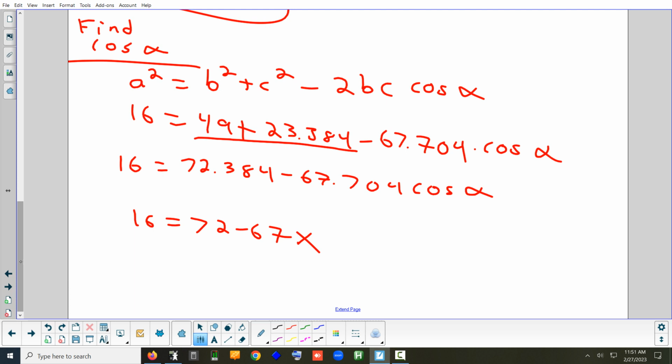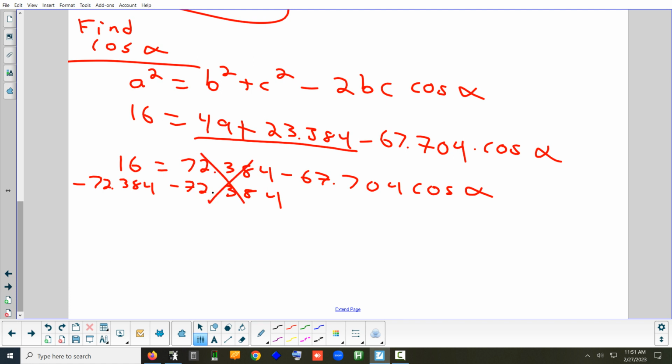Subtract it from each side. Yep. Minus 72.384. For 16 minus 72.384, I'm going to need a calculator for that. Negative 56.384.